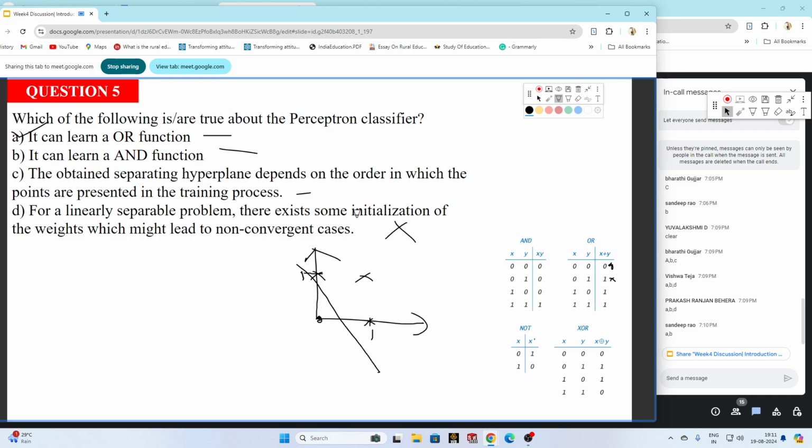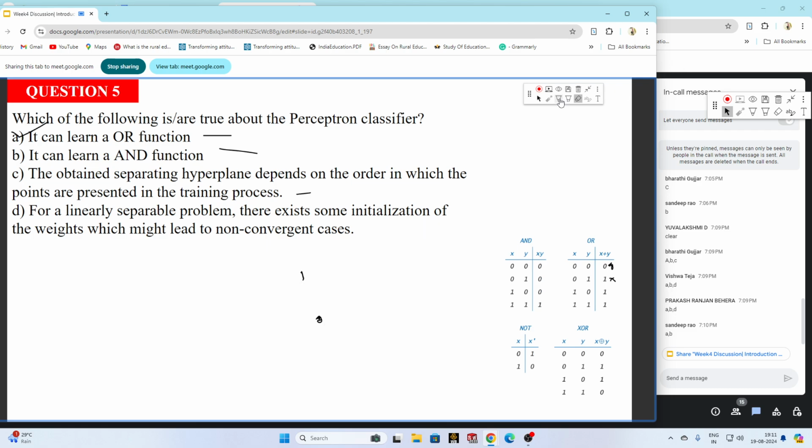Now what about the AND function? AND will be true only when both inputs are true. That means 0 0 is false, 0 1 is false, 1 0 is false, and only 1 1 will be true.